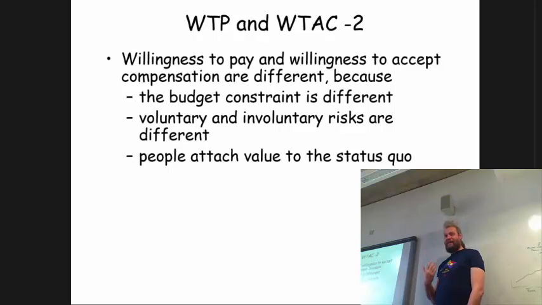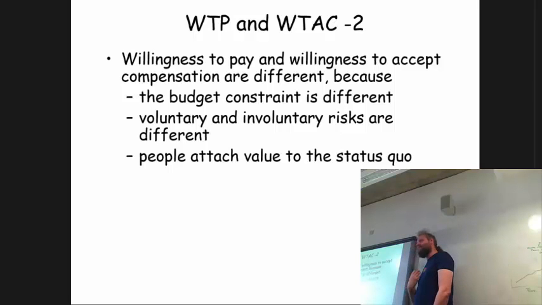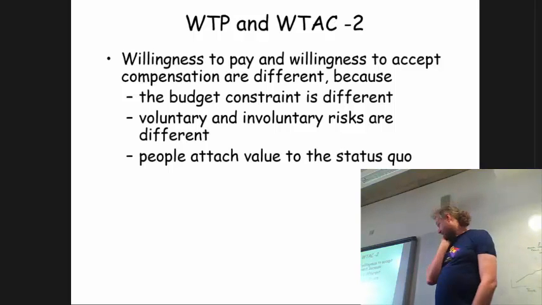If I get drunk, I get into a car, I get into an accident, and you lose a leg as a result, that is worse, right? Even though objectively the two scenarios are the same. You lost your leg. But people perceive harm being done unto them by others as worse than harm that they do to themselves. And that may be one of the explanations why willingness to accept compensation is much larger than willingness to pay.